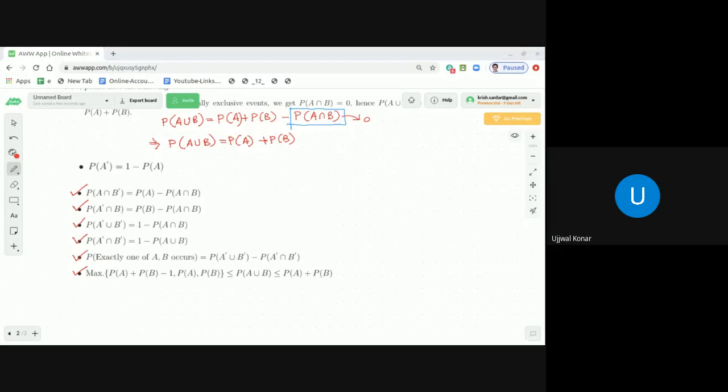When instead of two sets we are going for three sets, that means instead of two events we are now going to three events, and that we are going to discuss now. If we take three events A, B, and C, then the first and very important formula that you need to remember is something like this.